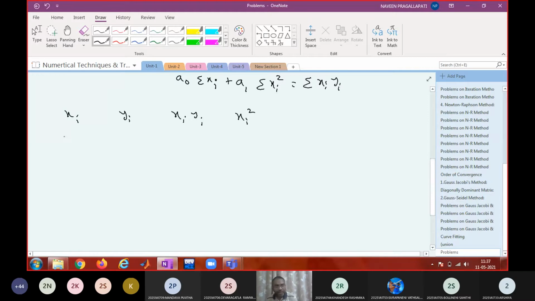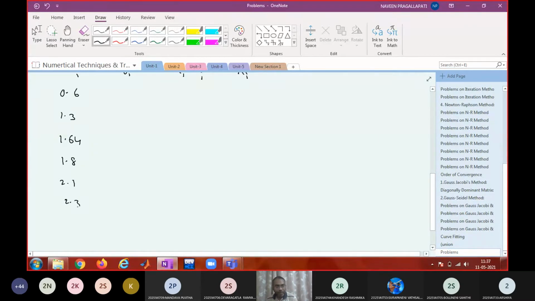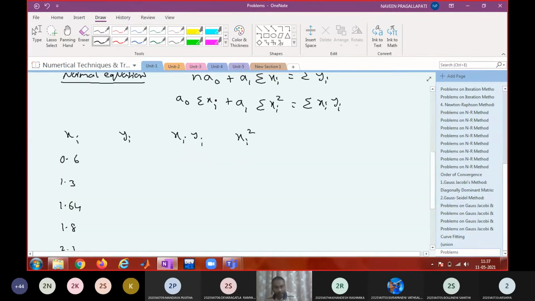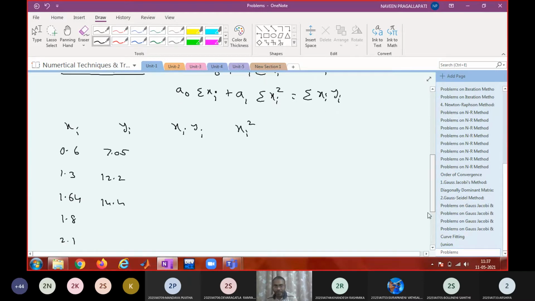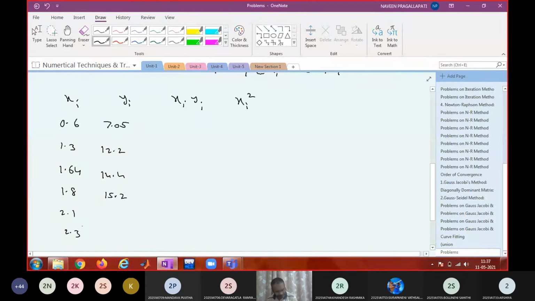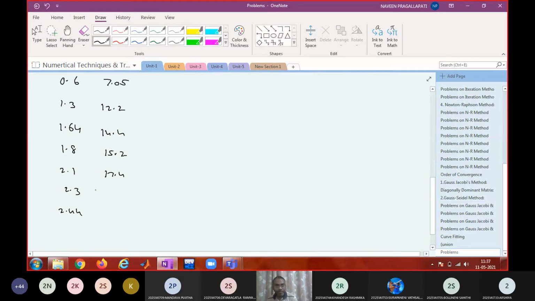Find out the values. xi values: 0.6, 1.3, 1.64, 1.8, 2.1, 2.3, 2.44. yi values: 7.05, 12.2, 14.4, 15.2, 17.4, 19.6, 20.2.